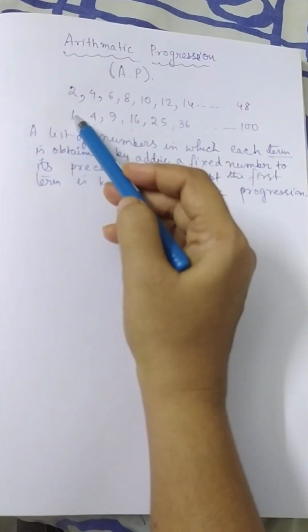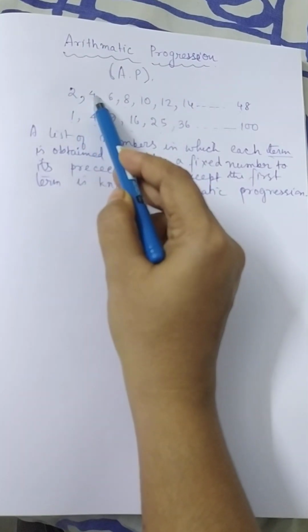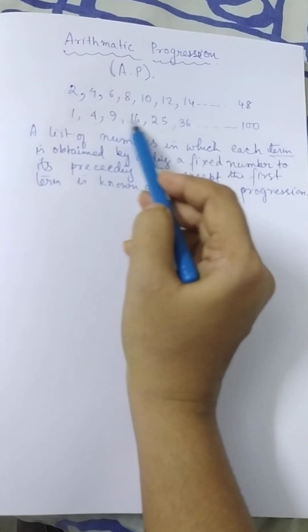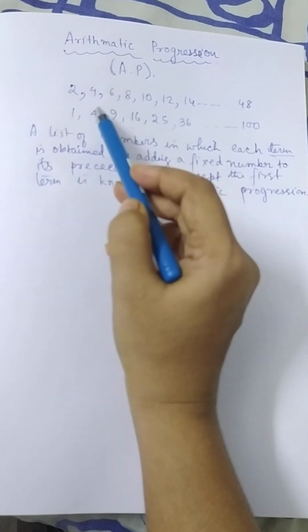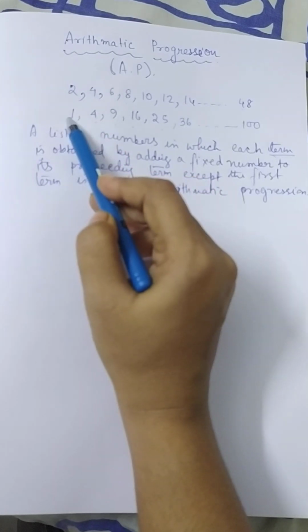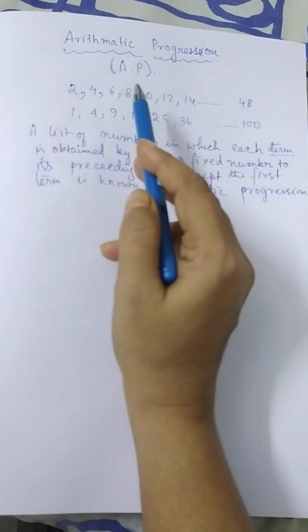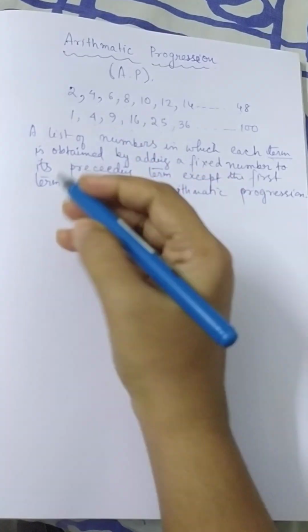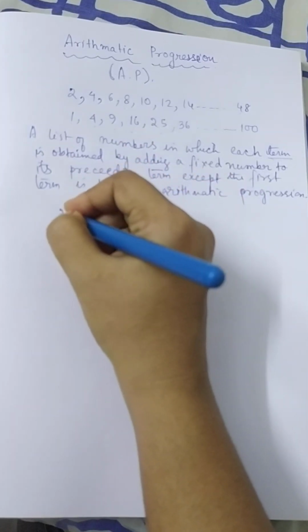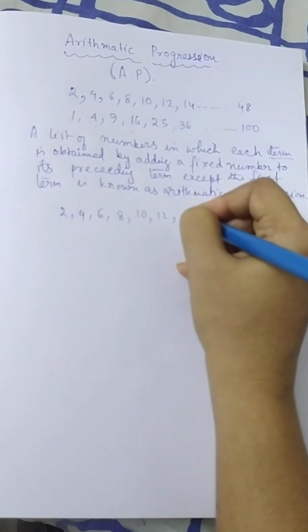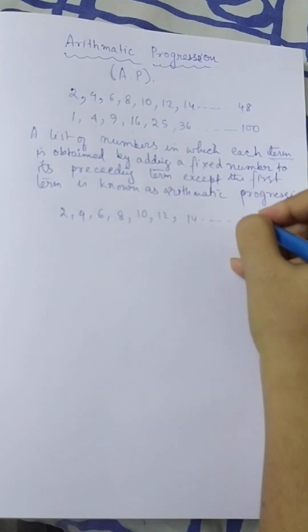That means the difference is 2. Here it is the succeeding square numbers, right? So the difference between the succeeding term minus the preceding term is known as the common difference, right?